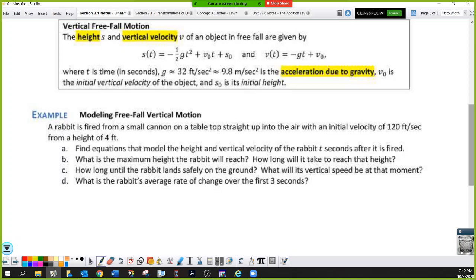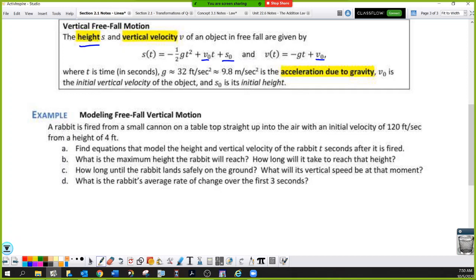T is time in seconds. And then we have this weird v sub 0 going on right here. That means velocity when 0 time has passed, so initial velocity. And this s sub 0 means, remember s is height, height when 0 time has elapsed, so your initial height.